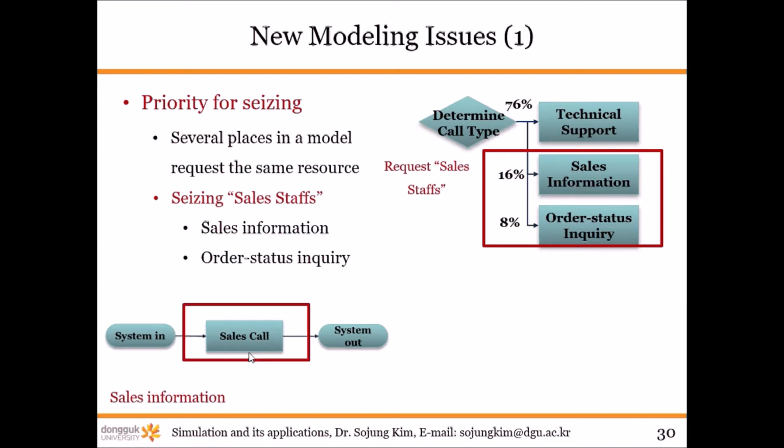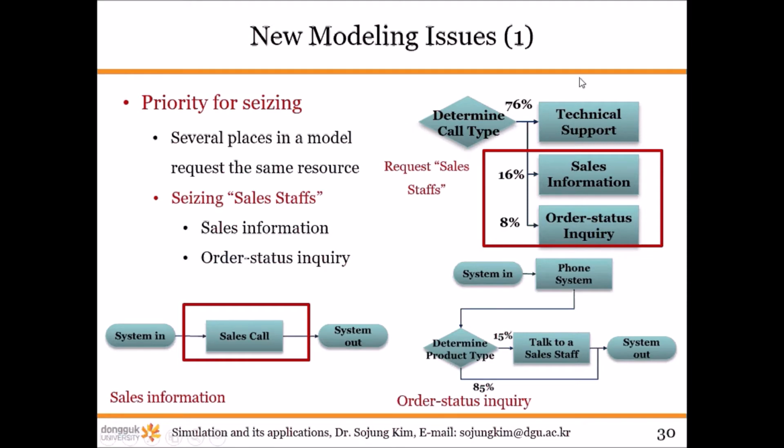Using sales staff. And then also order status inquiry. Some 15% of the inquiry calls actually want to talk with the sales staff, right? With lower priority to seize the sales staff.